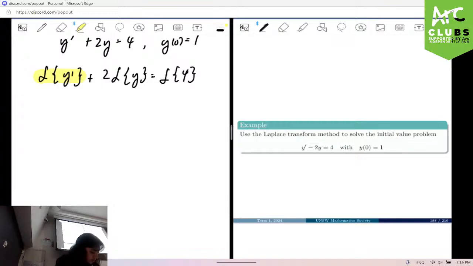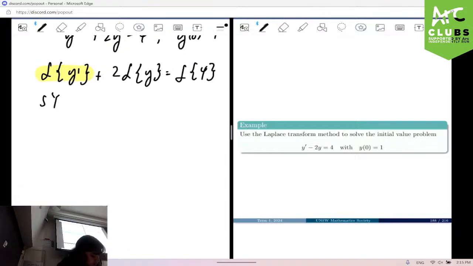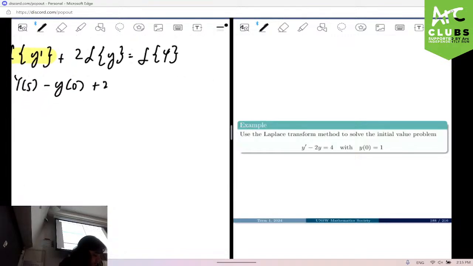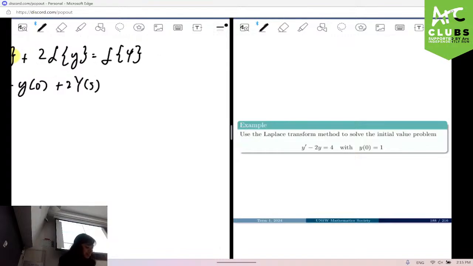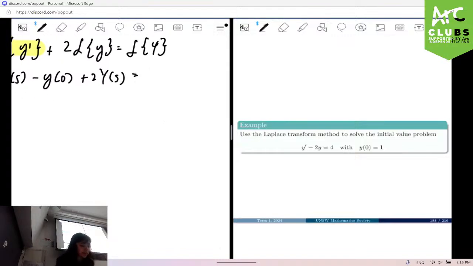This one will give you sY(s) minus y(0). This one will give you plus 2Y(s), because this is just the Laplace of the function y, the space function of y. And then the Laplace of 4 is just 4 over s.